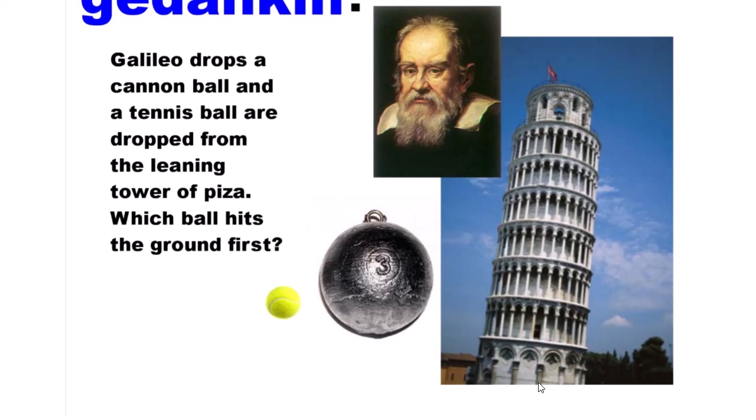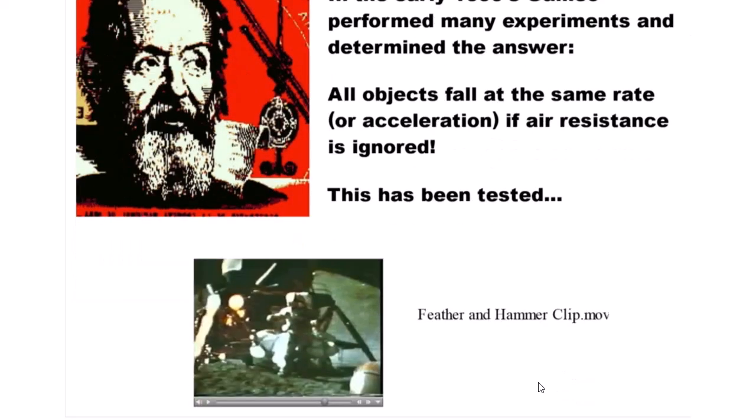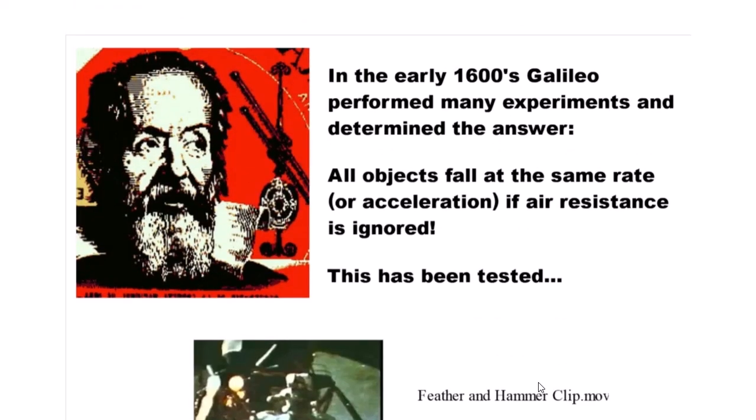And so what we're going to do for this section of physics is, because air resistance is kind of a tricky thing to keep track of, we're going to ignore air resistance. We're going to be working in situations where we don't have air resistance. One situation like that, and this is what Galileo proposed, is that if you ignore air resistance, then objects in Earth's gravity field are going to fall at the same rate.